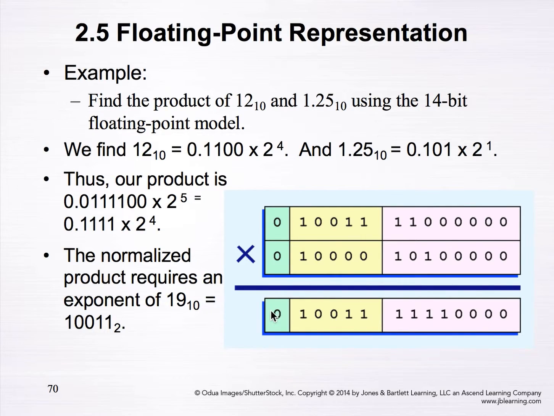The sign equals 0 because multiplying two positive numbers gives a positive sign, and the remaining part right here, the significand, is copied from this string down here. The remaining bits are just 0. So that shows how to perform the multiplication of two numbers using floating point representation, especially using the 14-bit floating point model in this example.